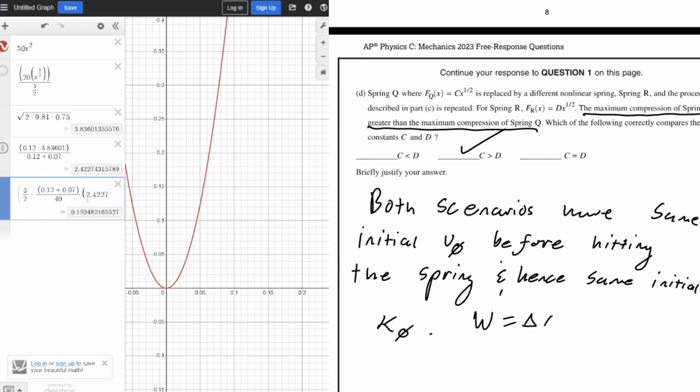Work equals delta K. Work, K final, and K initial are the same.